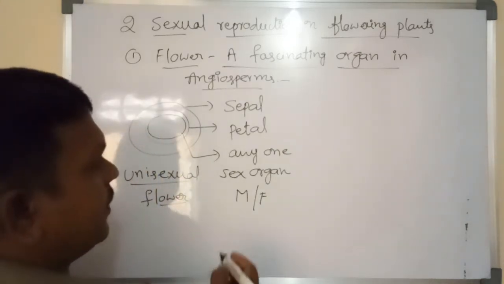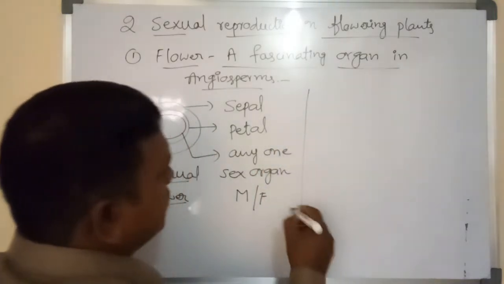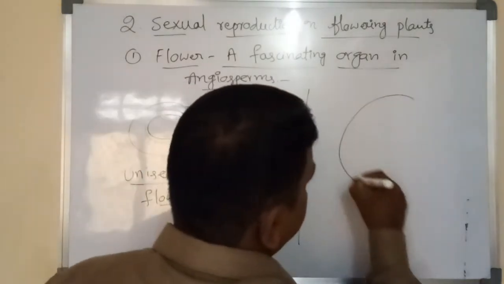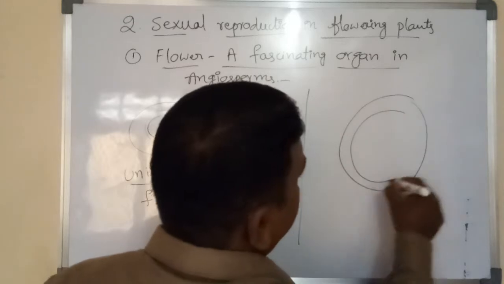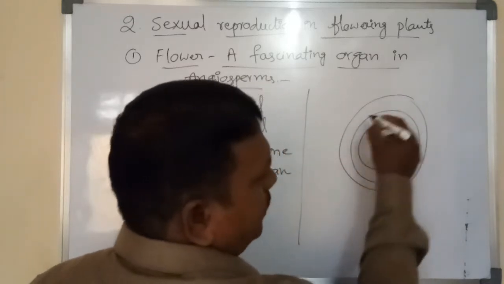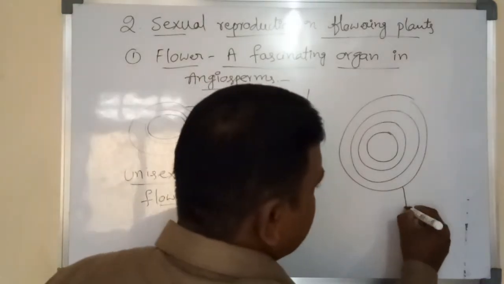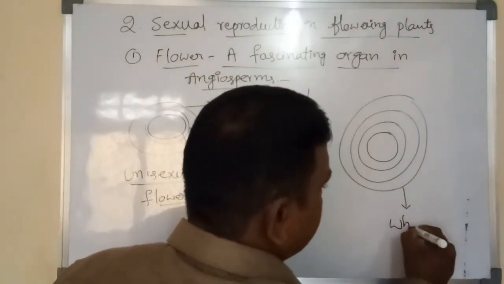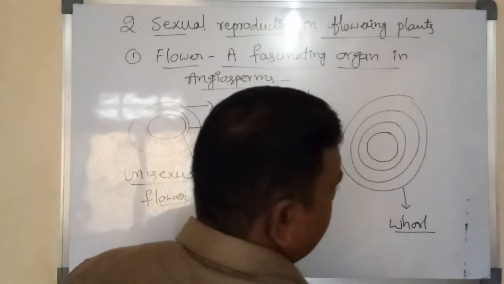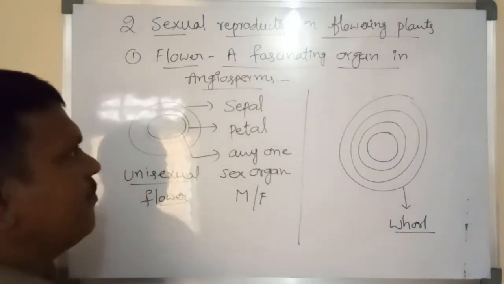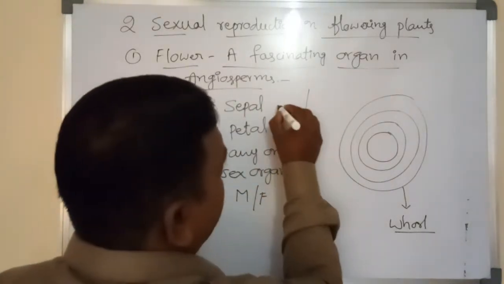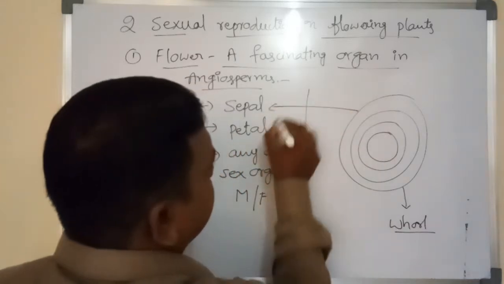Clear? Whereas a bisexual flower has four whorls: first whorl, second whorl, third whorl, and innermost whorl. Whorl means circle. The outermost whorl of the flower possesses sepals.